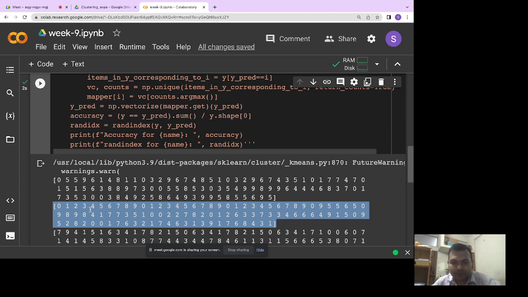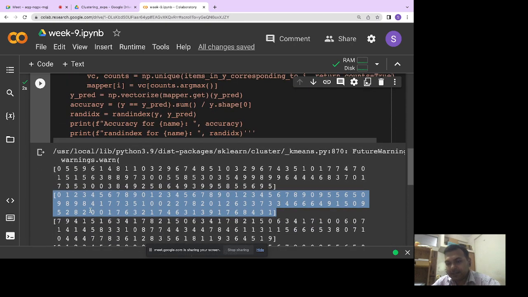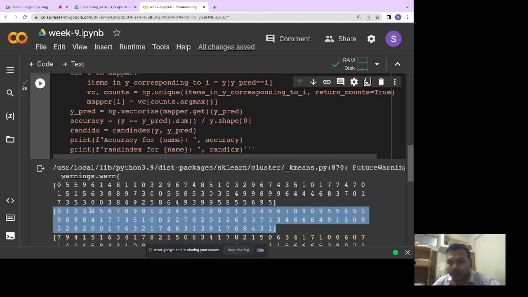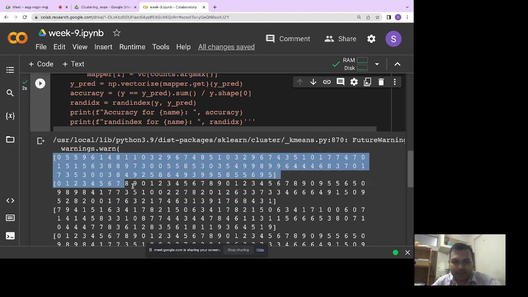So okay, can anybody say why this is happening? Is it expected, or what do you think just by looking at this? Is there anything wrong that we are doing, or why is this happening? Why is the cluster assignment so bad?